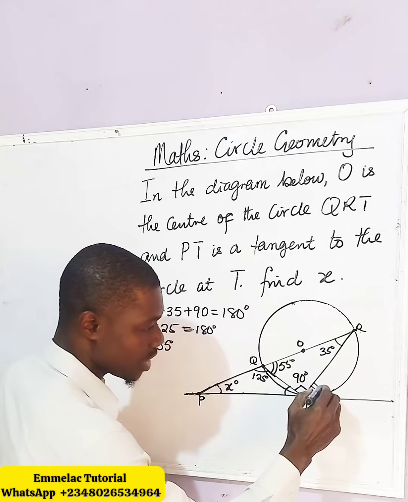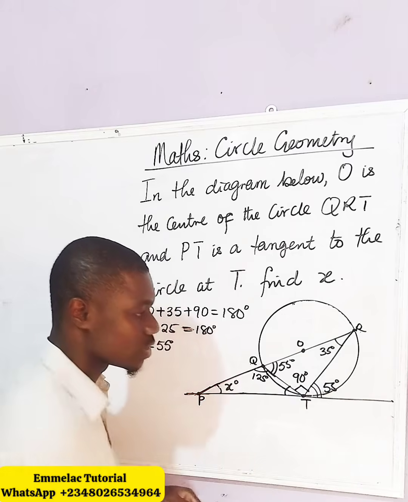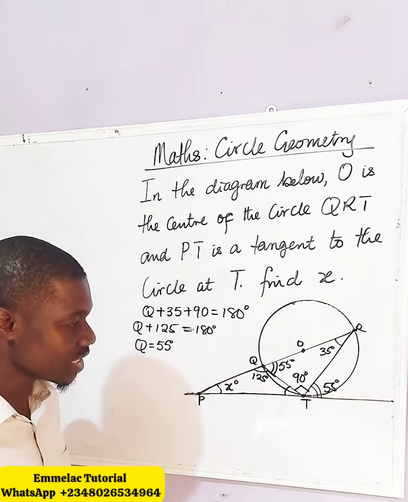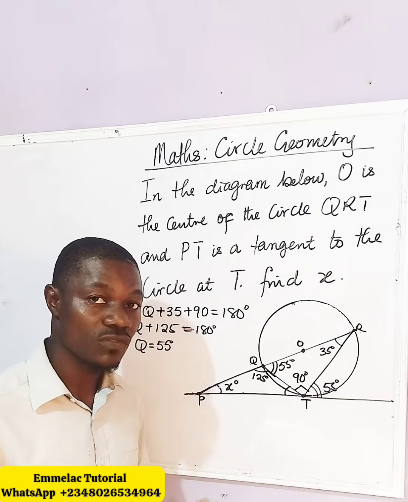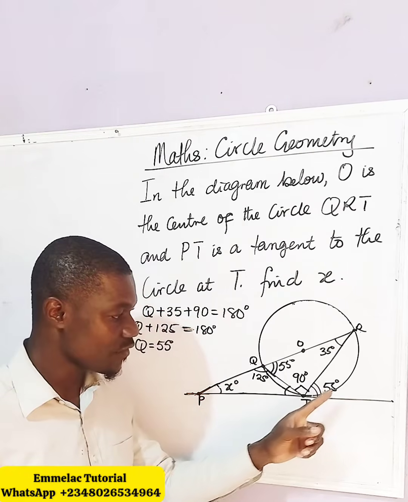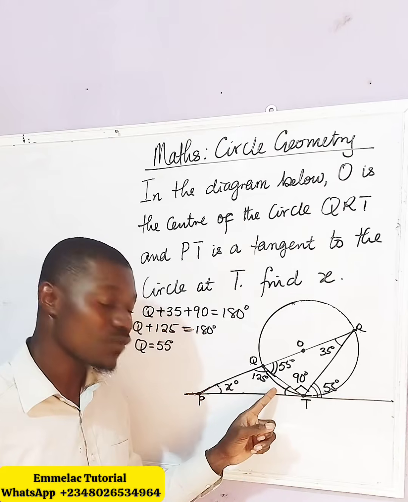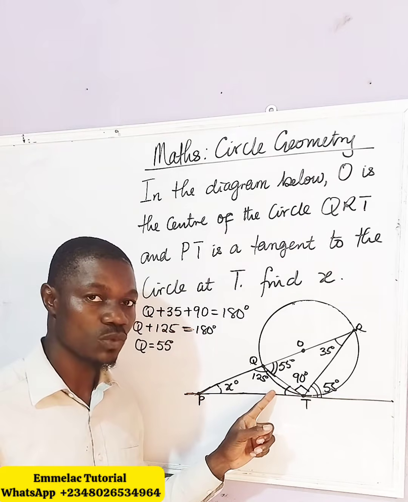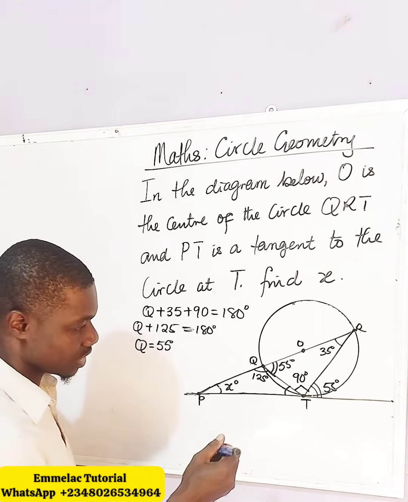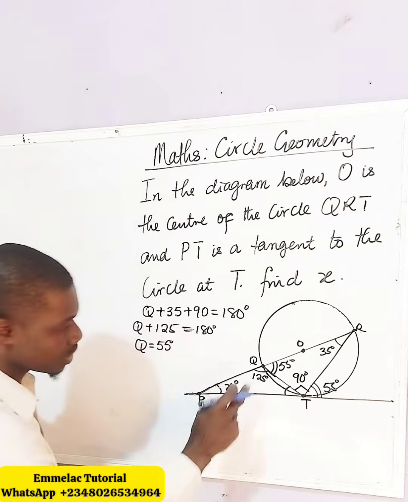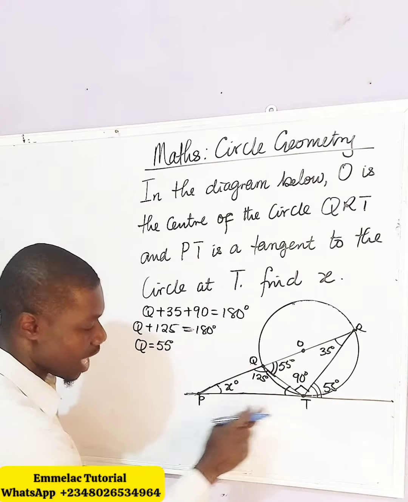So we can write here that this is 55 degrees. Which also brings us to angles on a straight line must give us 180, which means 55 plus 90 plus whatever angle here must give us 180.